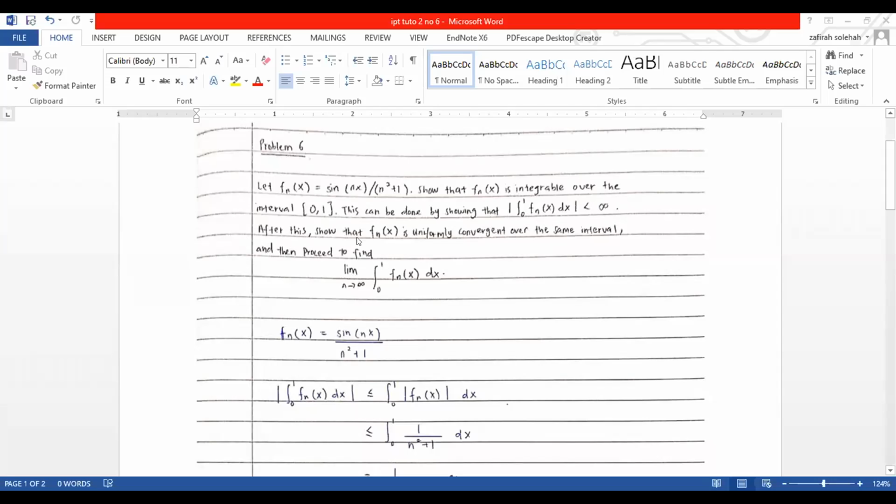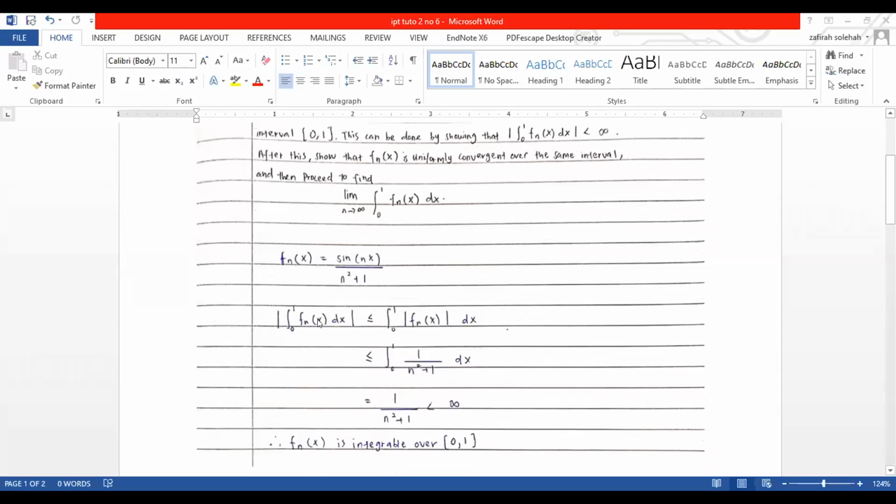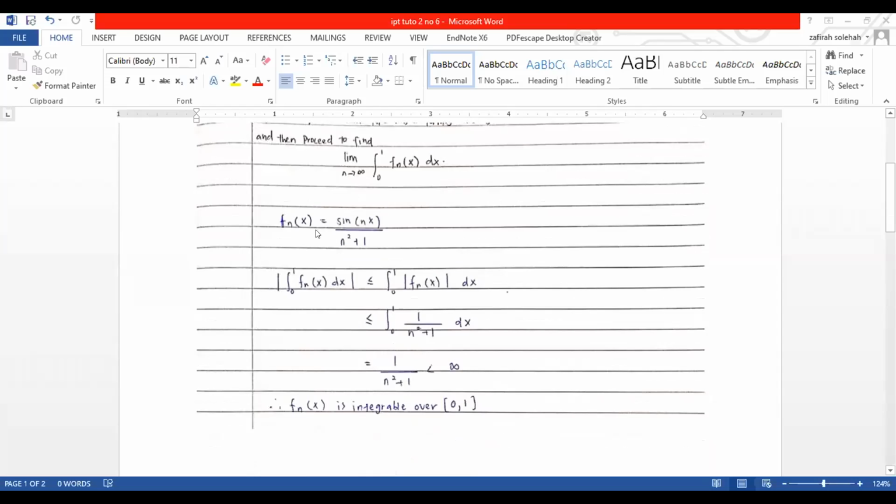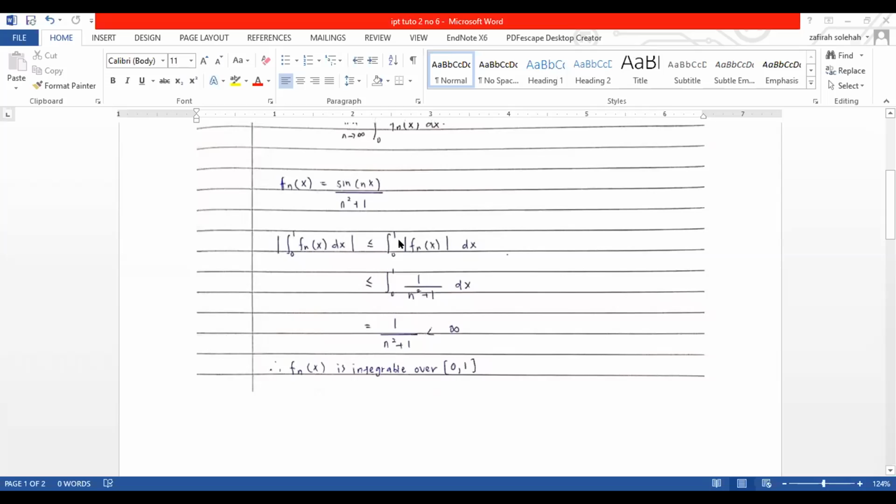After this, show that fn(x) is uniformly convergent over the same interval and then proceed to find the limit. So for the integration, we will get 1 over n squared plus 1, which is less than infinity. So the conclusion is fn(x) is integrable over 0 to 1.